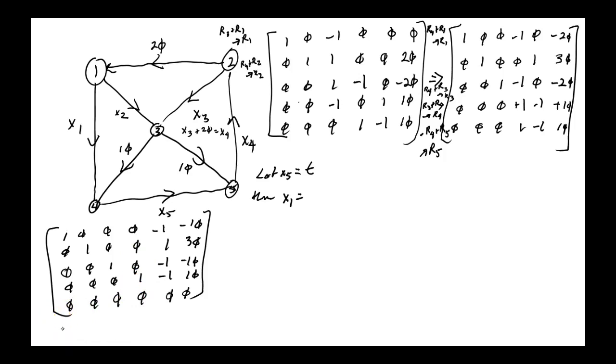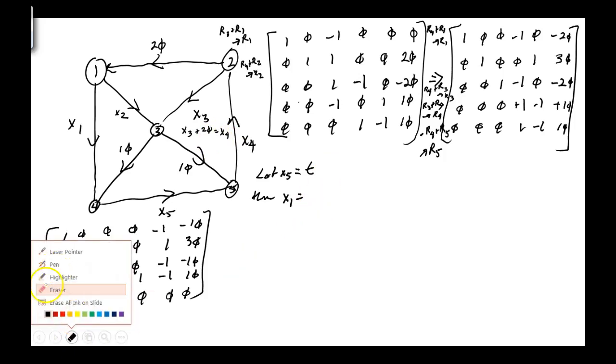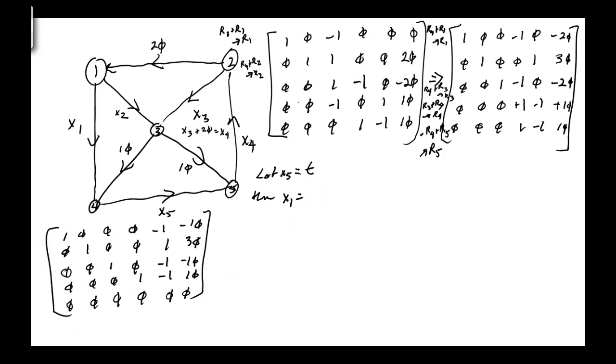Okay. So x of 1 would be negative 10 plus t. Yes, you could do it that way. I like to say t minus 10, but it doesn't matter. Okay, that says the same thing.